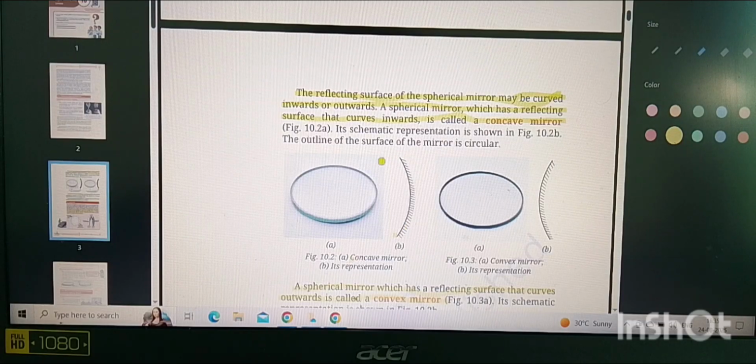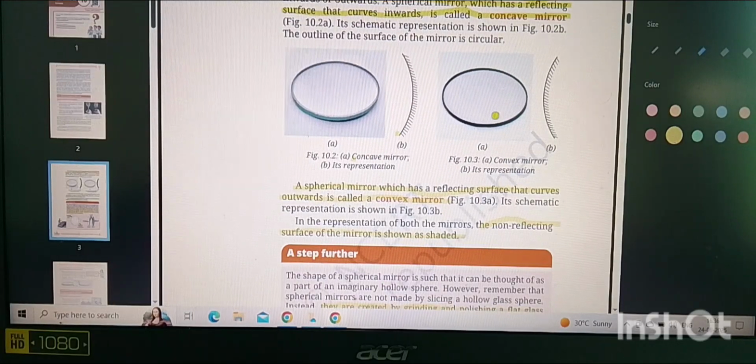Here the reflecting surface of the spherical mirror, this end, is curved inwards, and in the second picture it is curved outwards. If it is curved inwards, it is called a concave mirror. You have to always keep it in mind. If the reflecting surface, this region, is curved inwards, it is a concave mirror. Otherwise it will be a convex mirror.